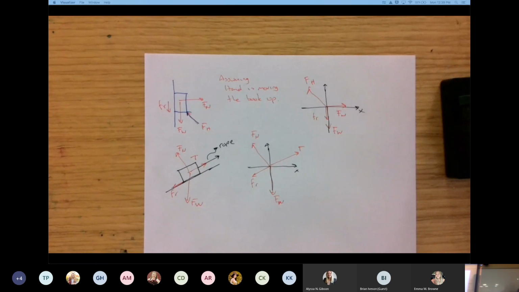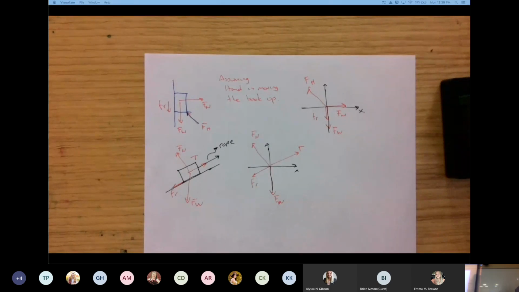Now, a frame of reference is kind of arbitrary. You can pick any frame of reference that you want. So sometimes it's better to pick a frame of reference that helps you to manipulate the math of these problems.